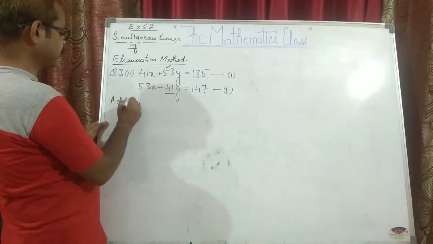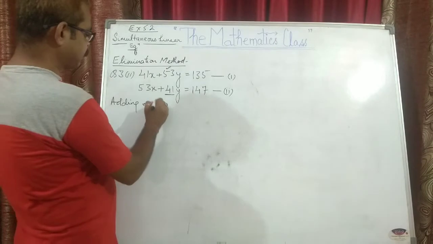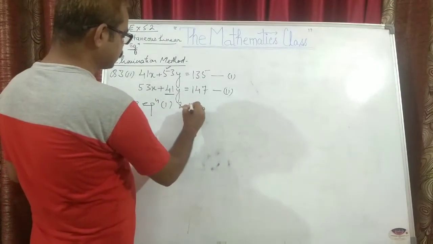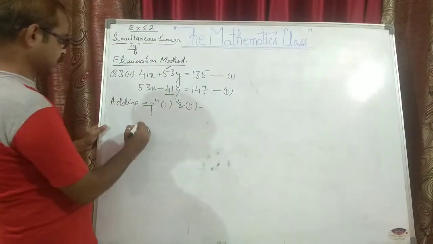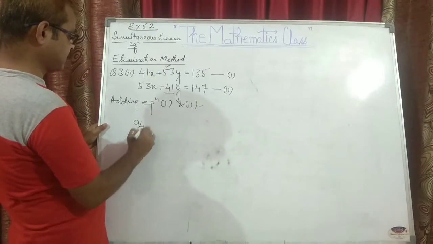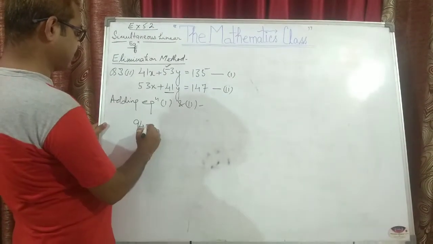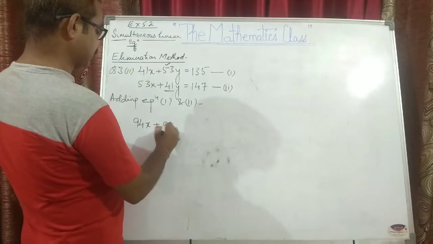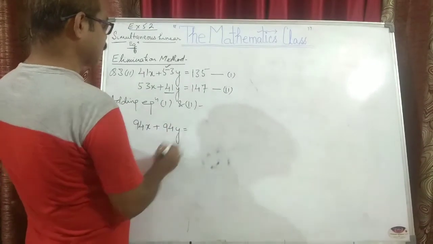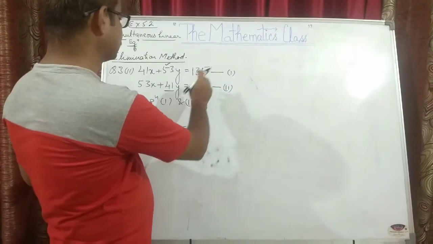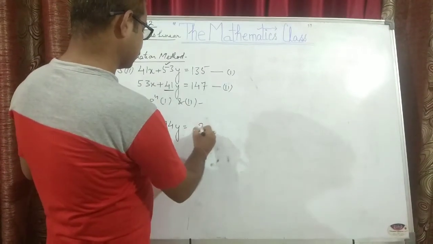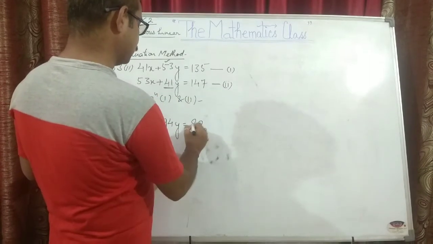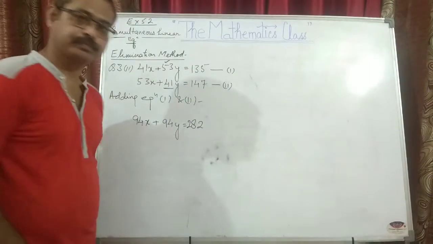Suppose this is equation number 1 and this is equation number 2. Adding equations 1 and 2, when you add, 94x plus 94y is equal to 282.